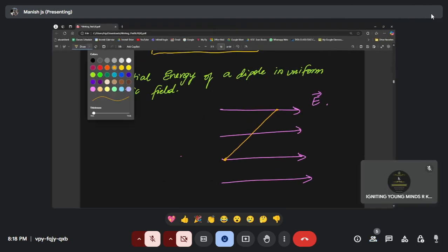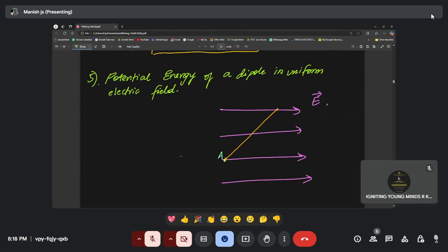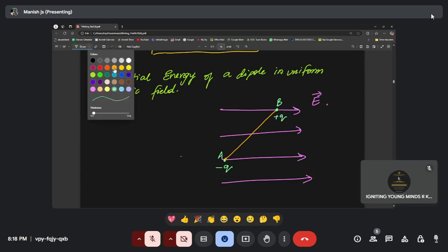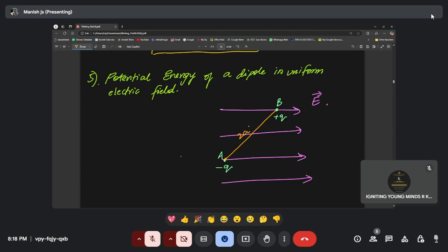Let me just mark it as A and B. I will place minus Q charge at A and plus Q charge at B. And I hope you guys know the distance between A and B is 2A, which is nothing but the dipole length. So AB is equal to 2A.